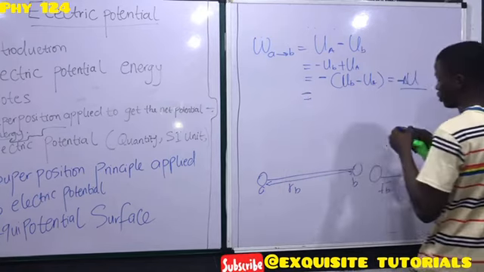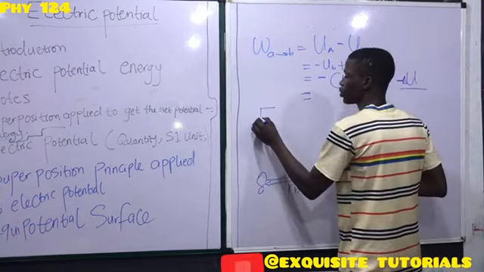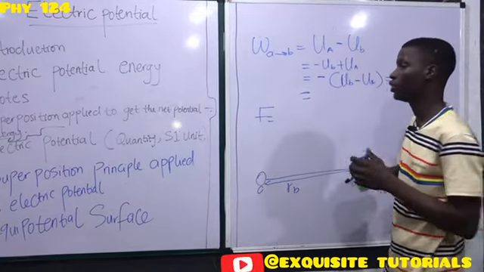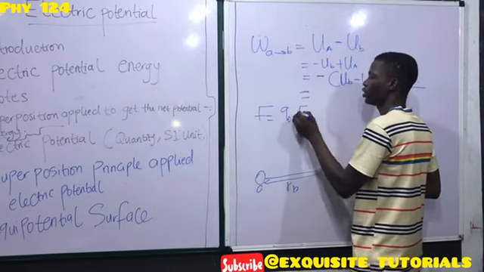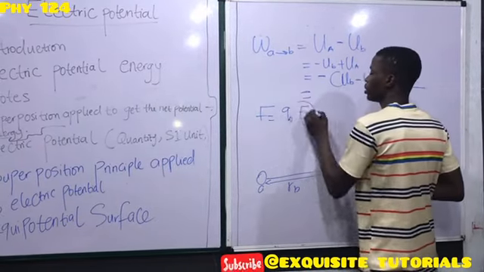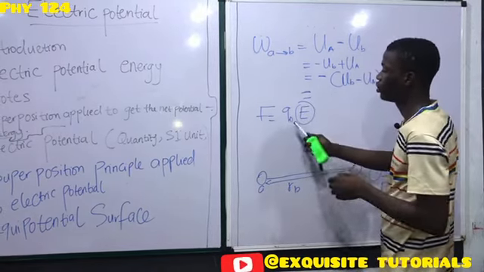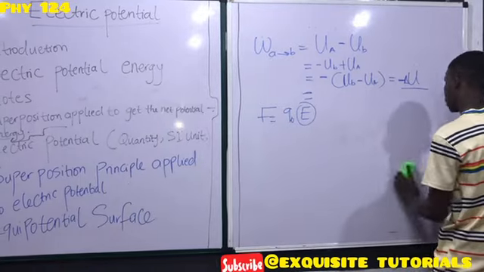remember that in a uniform electric field, the force acting on the charge is equal to Q naught times E, where E is our electric field intensity and Q naught is the test charge.